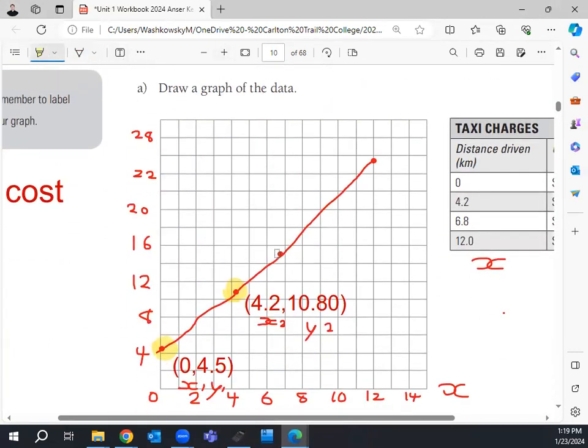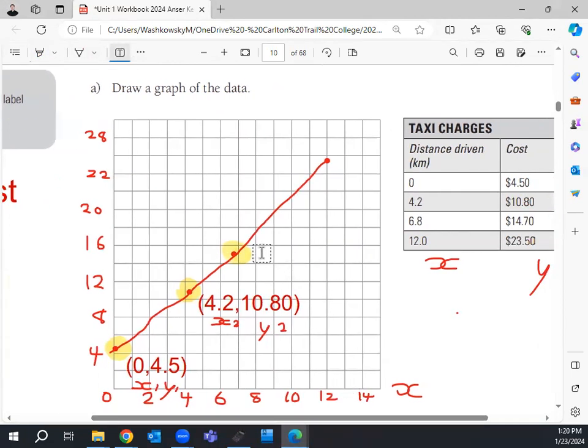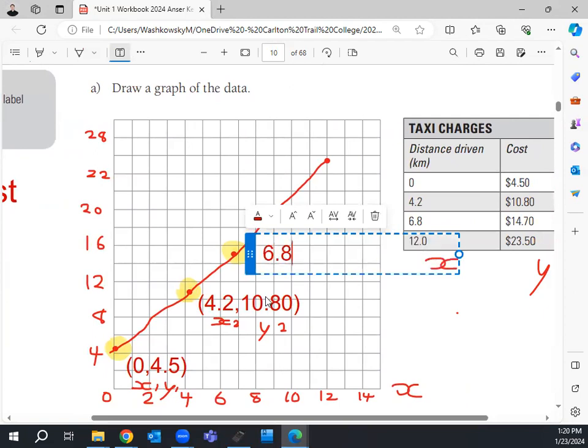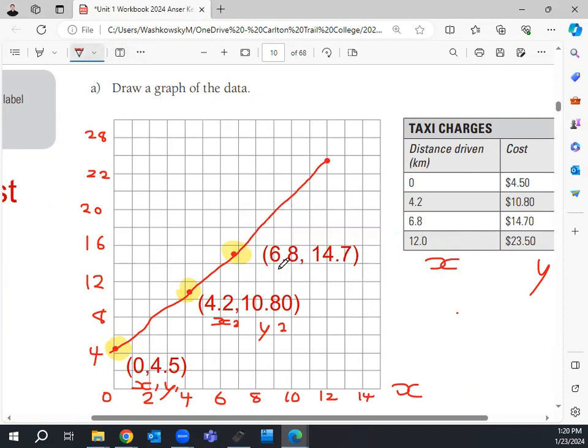I'm just going to keep going and choose this one here, which I know the coordinates of are 6.8 and 14.7. X3 and Y3.